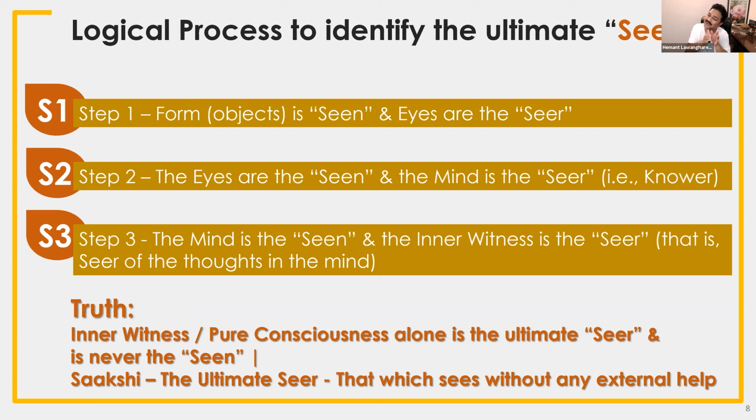Either you are suffering because of your body, something is not functioning well in the body, or you are suffering because of the mind. Mind has sorrow, mind has some kind of issue. Can you tell me is there any other misery you are having apart from your body and mind? You can't have. You may come up with some hypothetical cases, but they are wrong. All the miseries are only associated with body and mind.